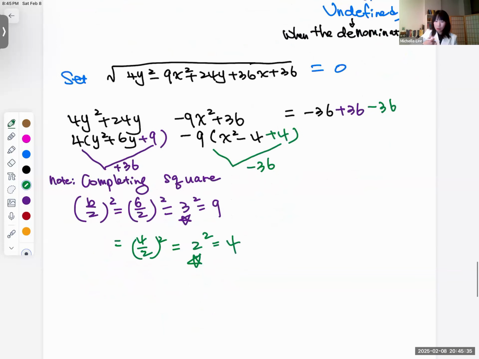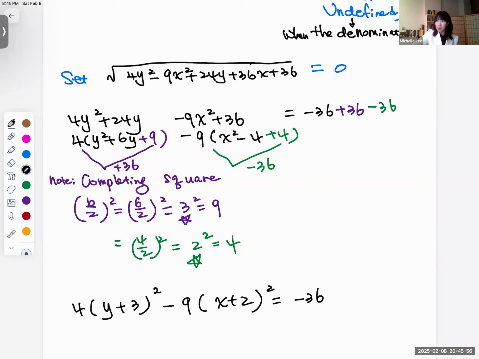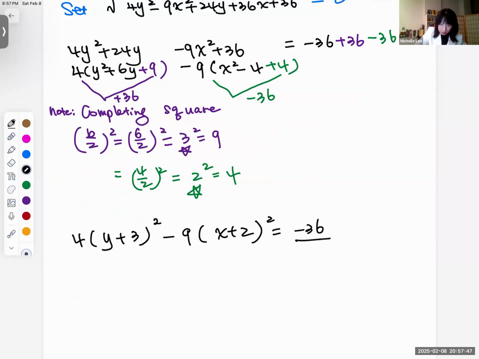All right, now we want to make a completing square. So there will be 4 times y plus 3 quantity squared, minus 9 times x plus 2 quantity squared equal to negative 36. All right, so then let's divide by negative 36 on both sides. So divide every term by negative 36.